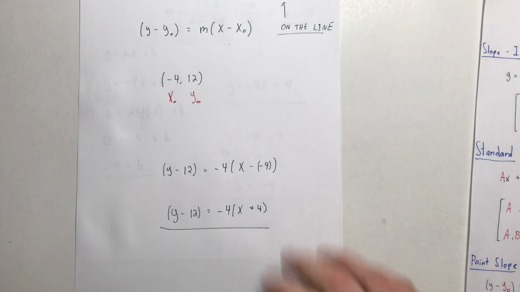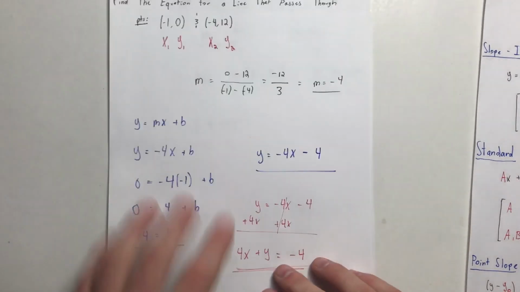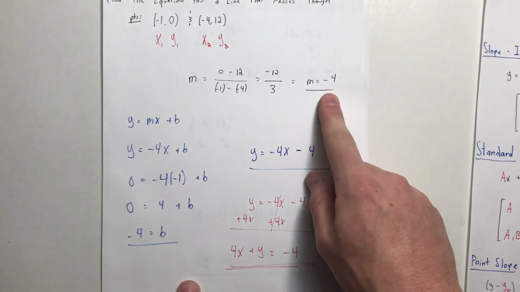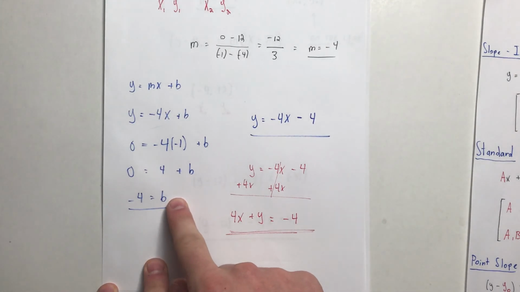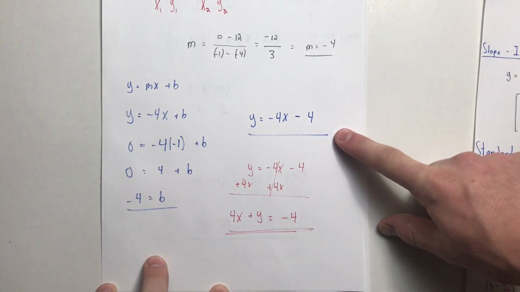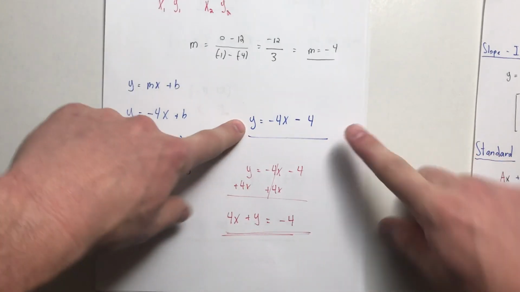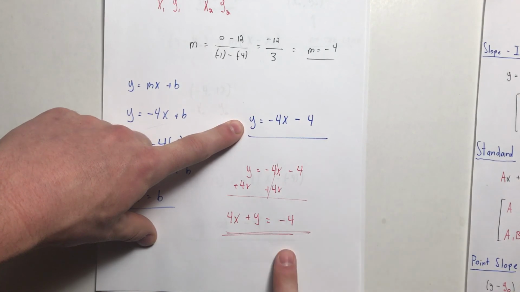So just kind of as a quick review, we were given 2 points. We went ahead and we calculated slope as the first order of business. We did some algebra with our mx plus b form in order to find our b, and we got our slope intercept form. We then did some algebra on the slope intercept form to get to our standard form.